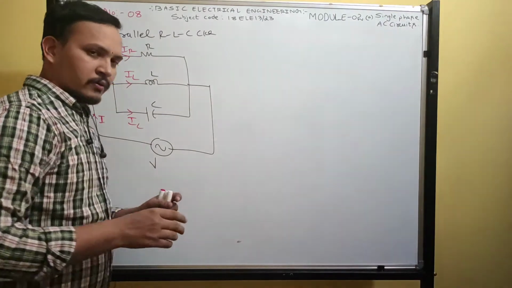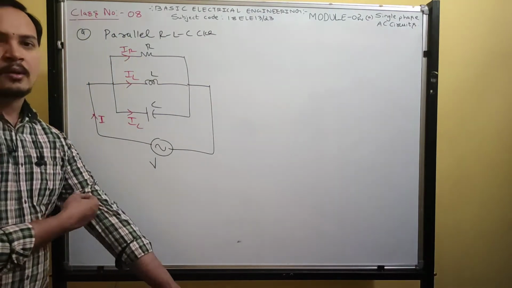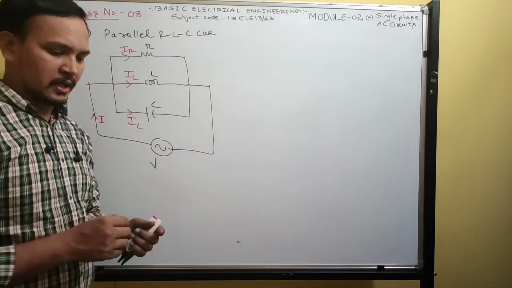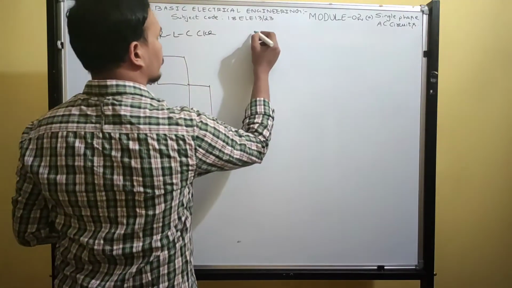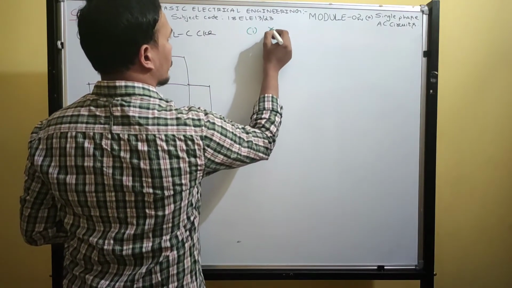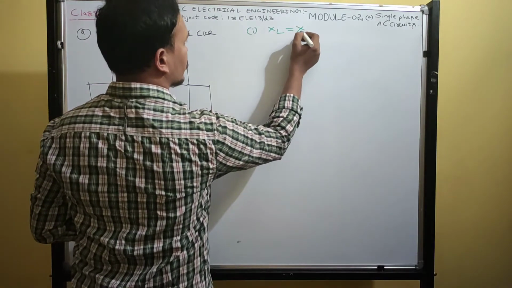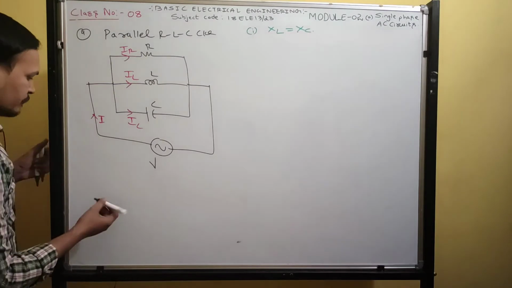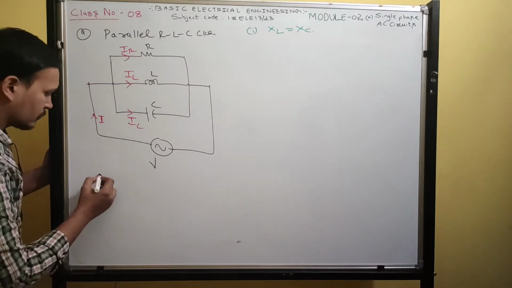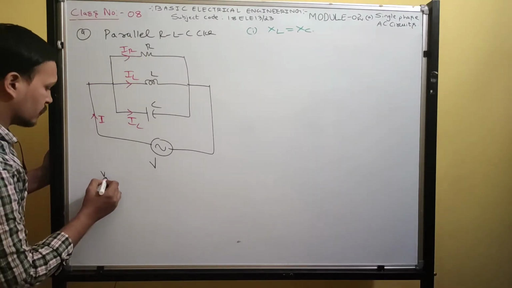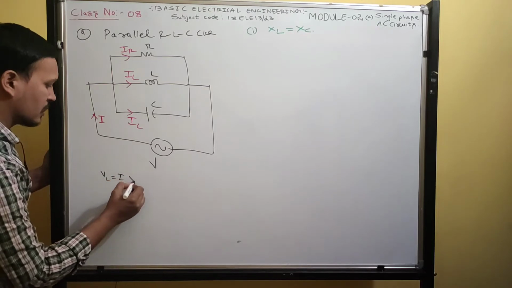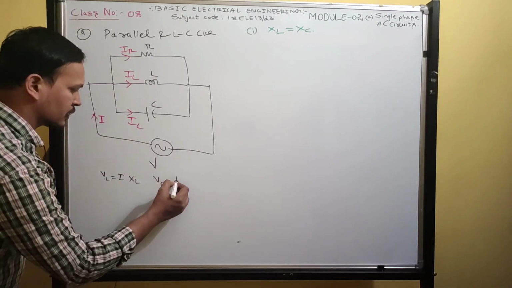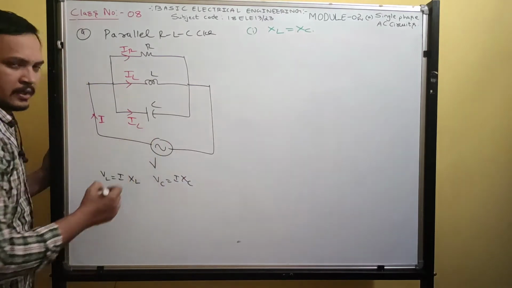Now we have to draw the phasor diagram by taking three conditions, as we did in the series RLC circuit. Case 1: when inductive reactance is equal to capacitive reactance. We know the voltage across the inductor in general is I into XL, and across the capacitor is I into XC.